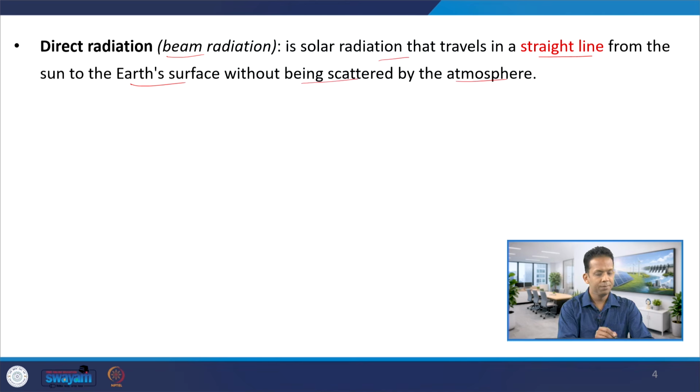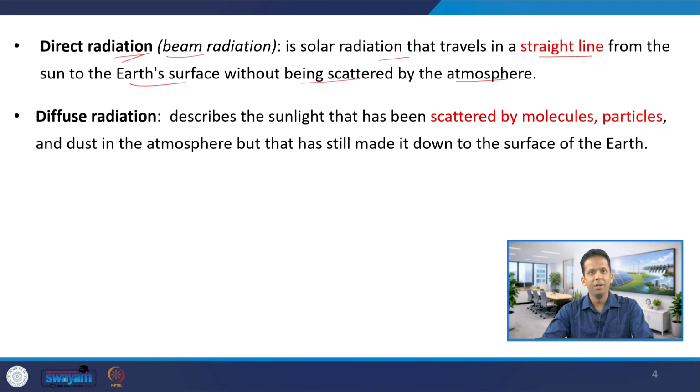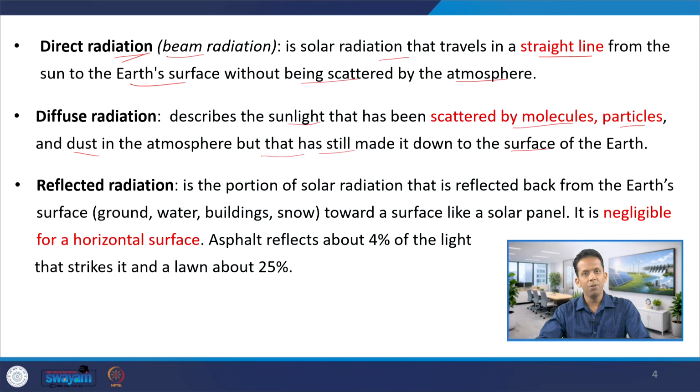It is this beam radiation which is responsible for most of the energy that we get from the sun after collecting. Diffuse radiation describes the sunlight that has been scattered by molecules, particles and dust in the atmosphere, but has still made its way down to the surface of the earth.